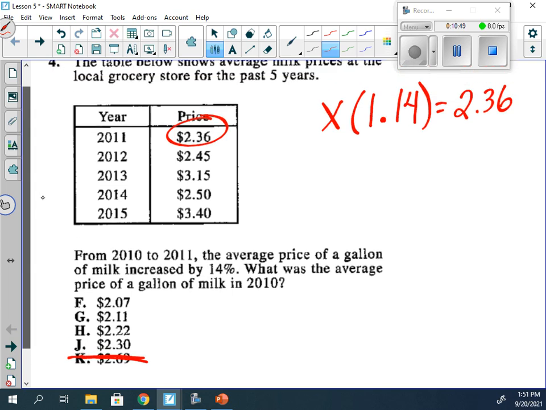So what do we need to do to solve for the value of x? We need to divide both sides by what?